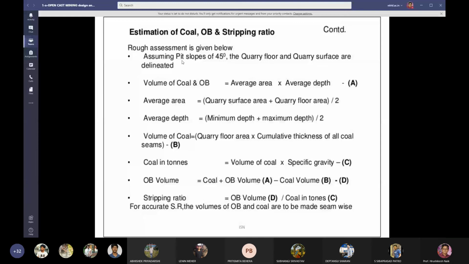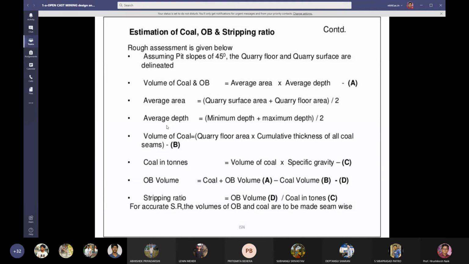Assuming pit slopes are 45 degree, the quarry floor and quarry surface are delineated. Volume of coal and overburden is equal to average area into average depth. Let us say it is A. Average area is equal to quarry surface area plus quarry floor area divided by 2. Average depth is minimum depth plus maximum depth divided by 2.